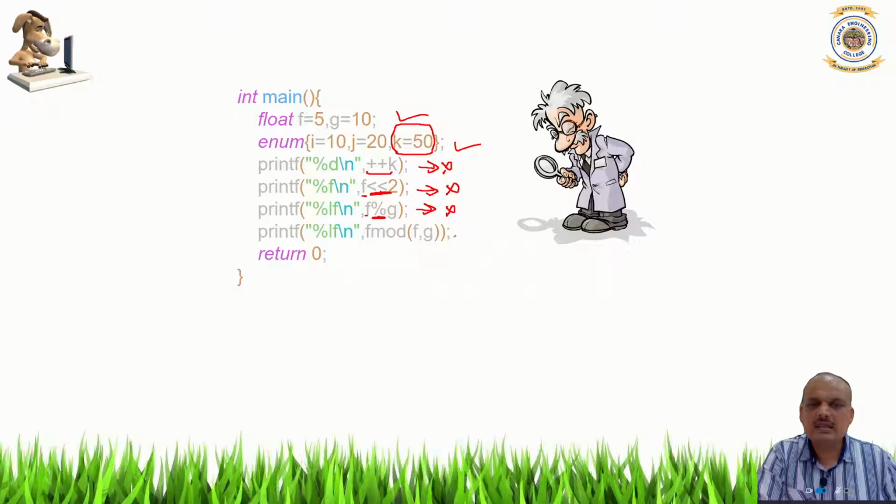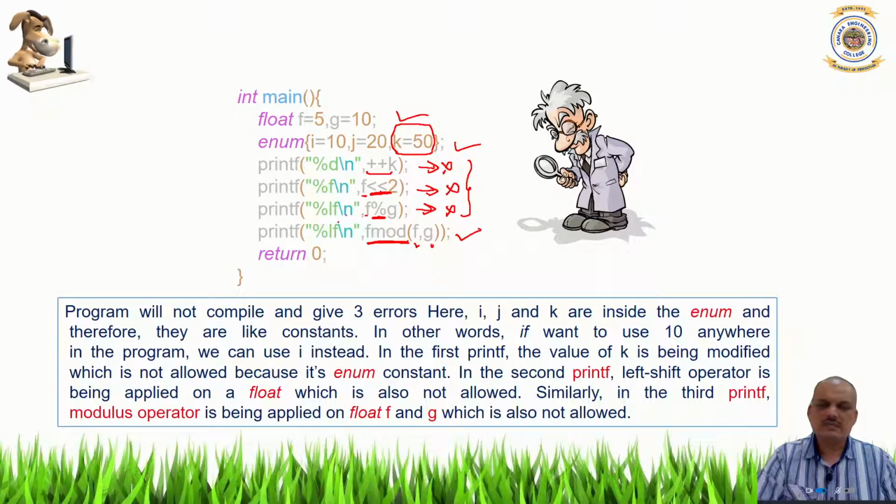Whereas this is perfectly valid. For floating point modulo, we have a built-in function called fmod, which takes in two floating point numbers and does the modulo operation. So the right output would have been 3 errors as the output of this code. That's what is explained here.